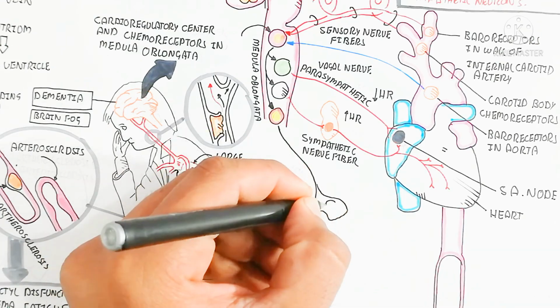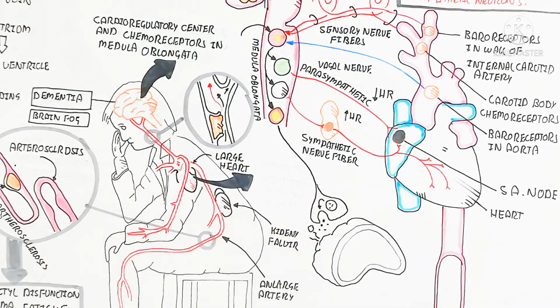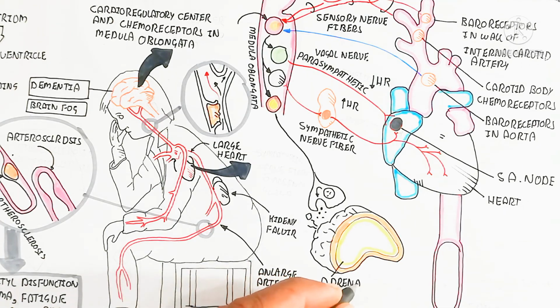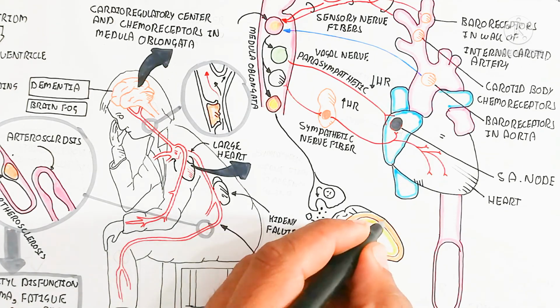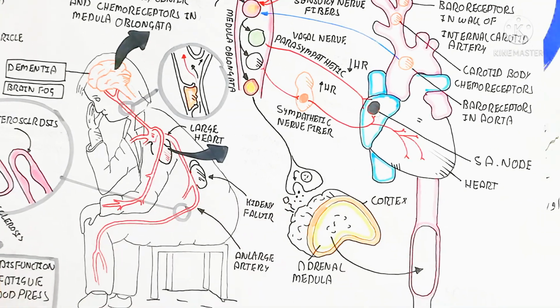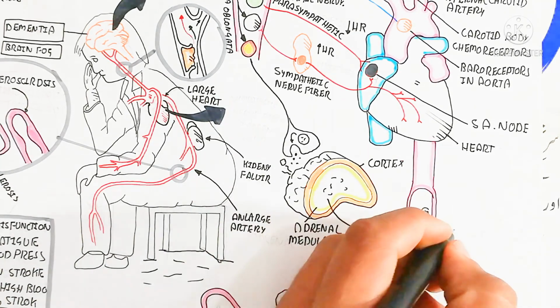This adrenergic neuron will stimulate and produce the neurotransmitter, which will bind. This neurotransmitter can be epinephrine or norepinephrine or other stimulatory neurotransmitters, to stimulate the adrenal medulla to produce cortisol, epinephrine and norepinephrine.